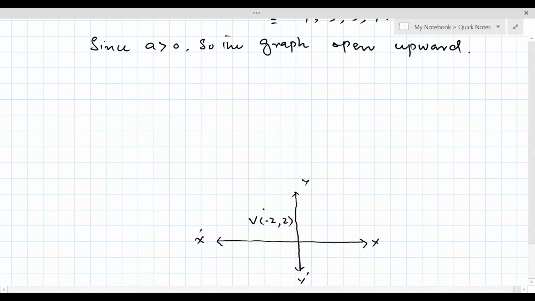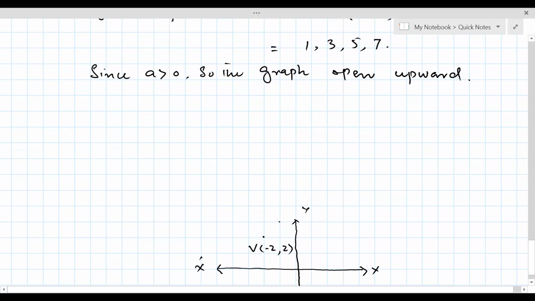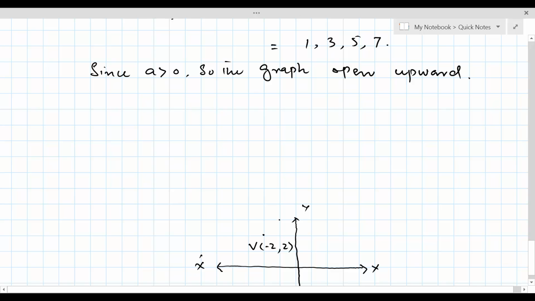Starting from here now, one step right and then one step up. So this is the point. And then one step right and 3 steps up: 1, 2, 3. And then one step right and 5 steps up: 1, 2, 3, 4, 5. So this is what we have.